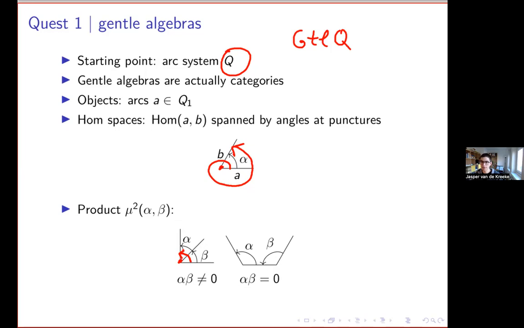In case alpha starts somewhere other than where beta ends, for instance, when this is part of some polygon and alpha and beta are the internal angles of this polygon, they compose to 0. Up until now, this is very much like a gentle algebra in the classical sense of 35 years ago.